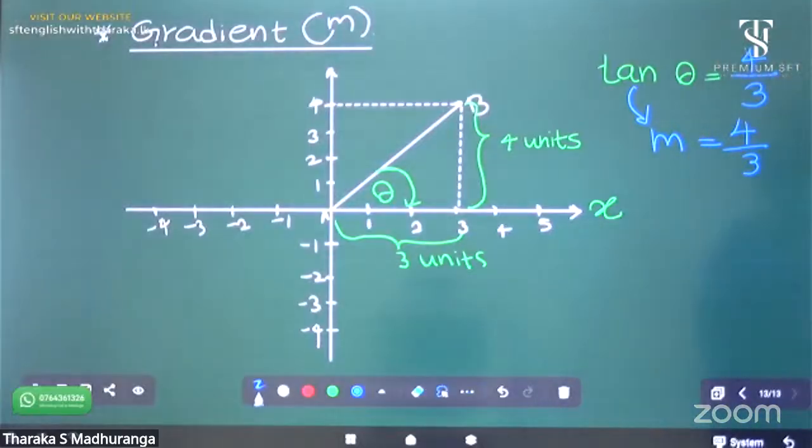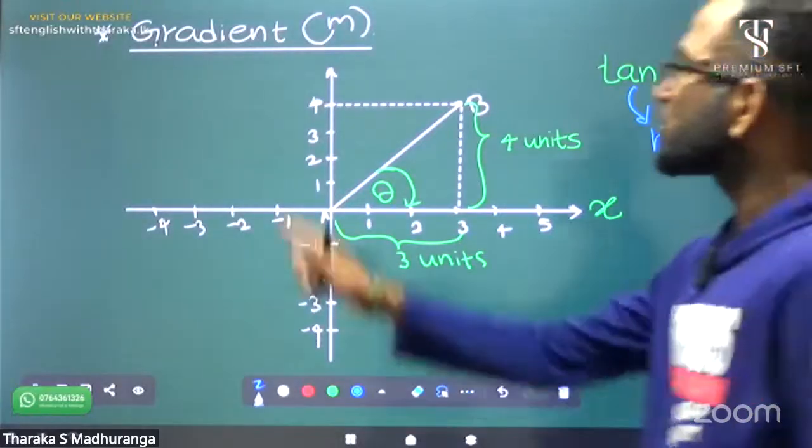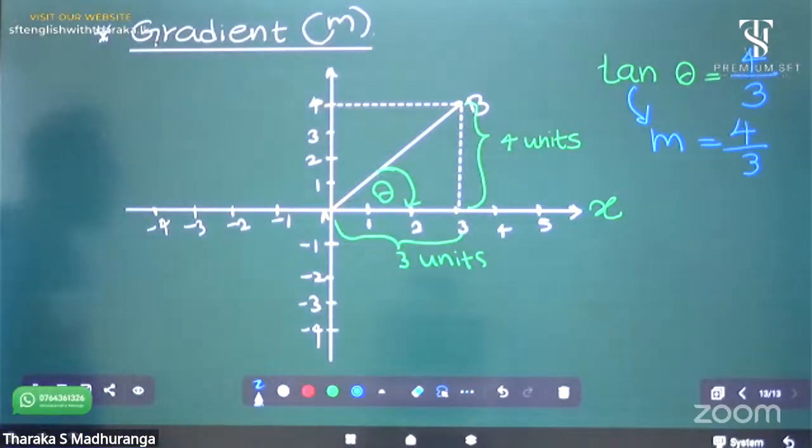Write down like this. Write down the topic: gradient, within brackets m.